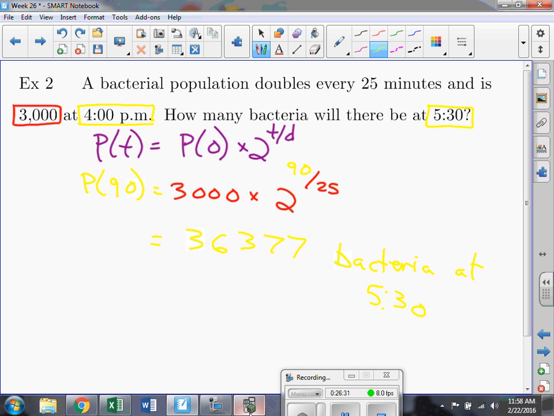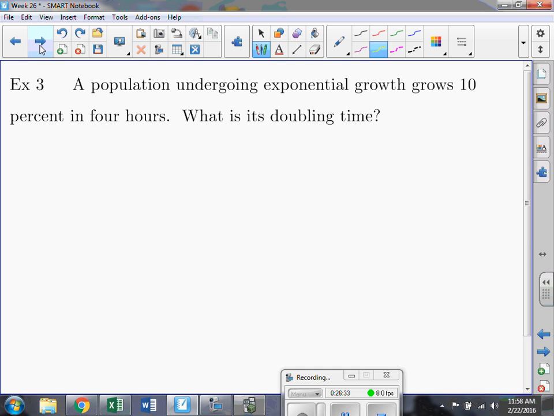Let's progress further. Population is undergoing exponential growth. It grows 10% in 4 hours. What is the doubling time? 1.1. Okay, so we can do several different things. P of t, P of 0, 2 to the t over d, and let's start putting pieces in.